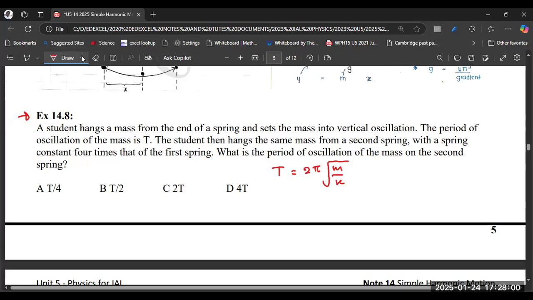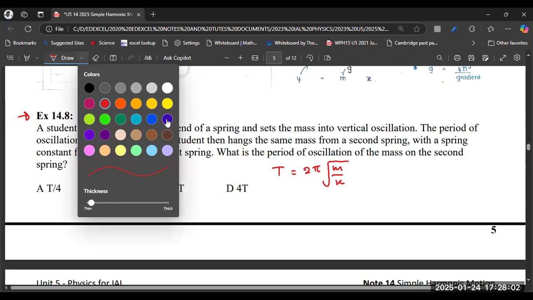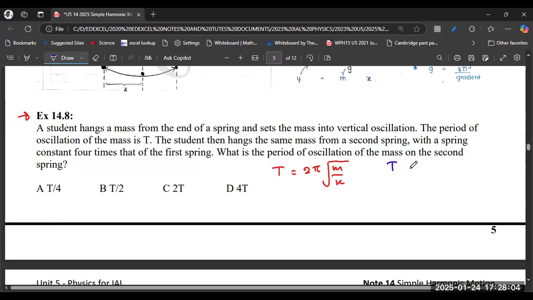Now I'm going to find the new one. So for the new one, new time period would be equal to 2 pi, new mass, new spring constant. I kept some space so that if I have to include a number, I will include that number also. Now they are telling the student then has the same mass, so this would be constant.